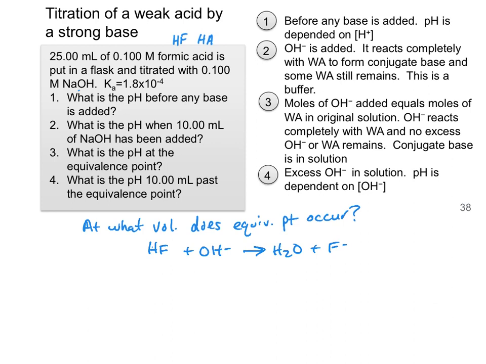Which means we've added the same number of moles of OH minus as there were initially of HF. So if we find the number of moles of formic acid, we'll take the concentration, 0.1 molar, which is moles per liter. Formol is another unit of concentration, but that's not for us.